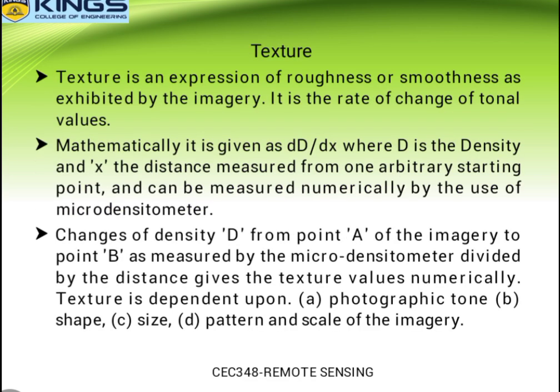Next, texture. Texture is an expression of roughness and smoothness exhibited by the imagery. It is the rate of change of tonal values. Mathematically, it is given by dD/dx, where D is the density and x is the distance measured from an arbitrary starting point, and it can be measured numerically by the use of a microdensitometer. The change of density D from point A of the imagery to B, measured by the microdensitometer and divided by the distance, gives the texture value numerically.